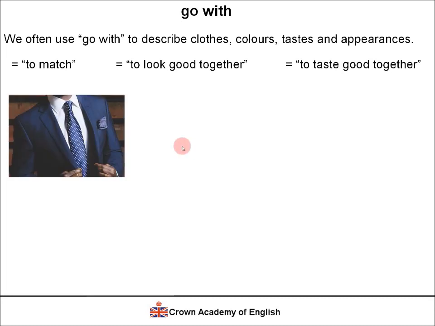Example. So here is a man wearing a nice suit, jacket, tie. So we can say the tie goes with the jacket. So it means that the tie and the jacket look good together. They combine well together.